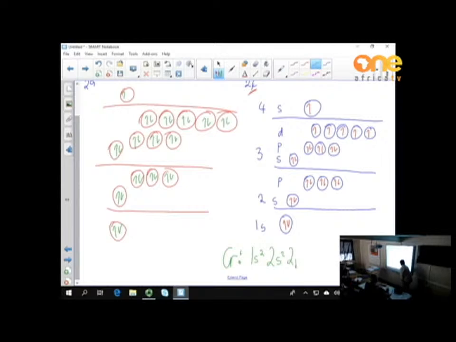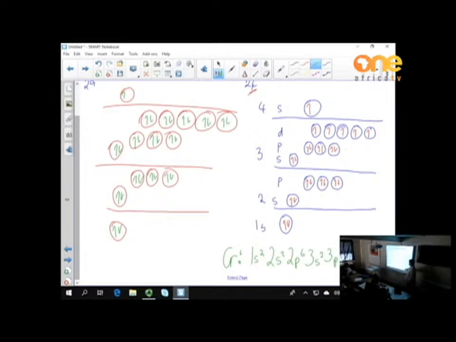The 2p subshell has 6 electrons. The 3s has 2, the 3p has 6, the 3d has got 5, and the 4s has got 1. And there is the spd notation of an element.